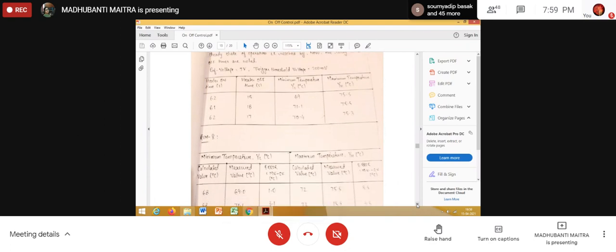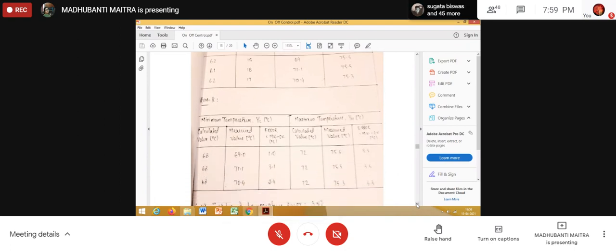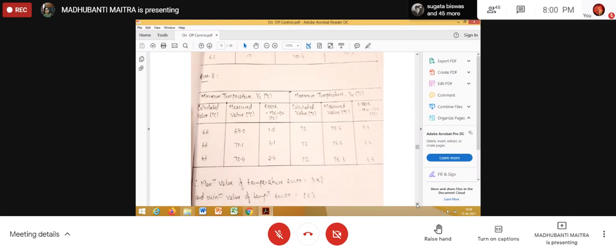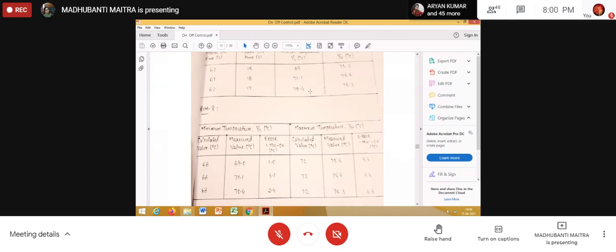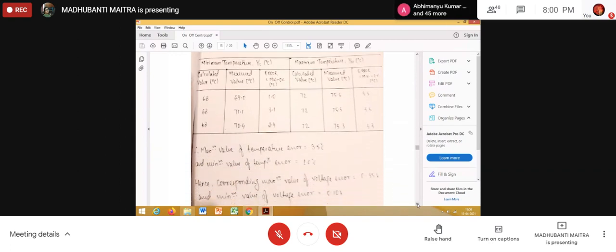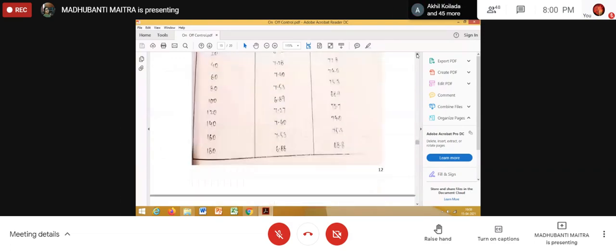So actually the switching of the relay was not functioning properly, and since these values are not correct, hence we will not get the correct values of the error voltage.